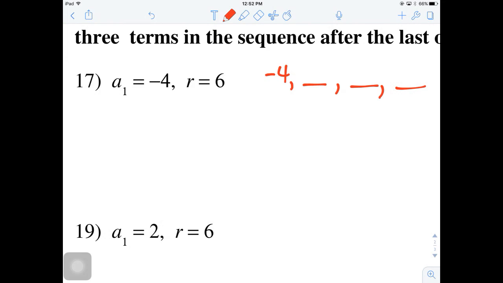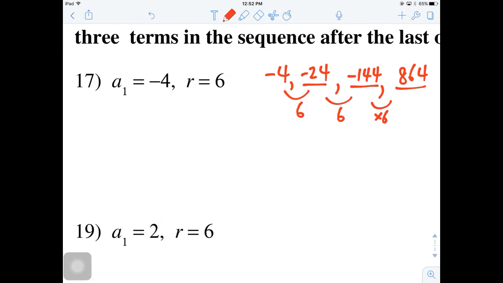And then the ratio is 6. So we can just follow this by multiplying the sequence with the ratio. So negative 4 times 6 is negative 24. Times 6 is going to give us negative 144. And times 6 again will give us 864. And so those are the next 3 numbers in the sequence.